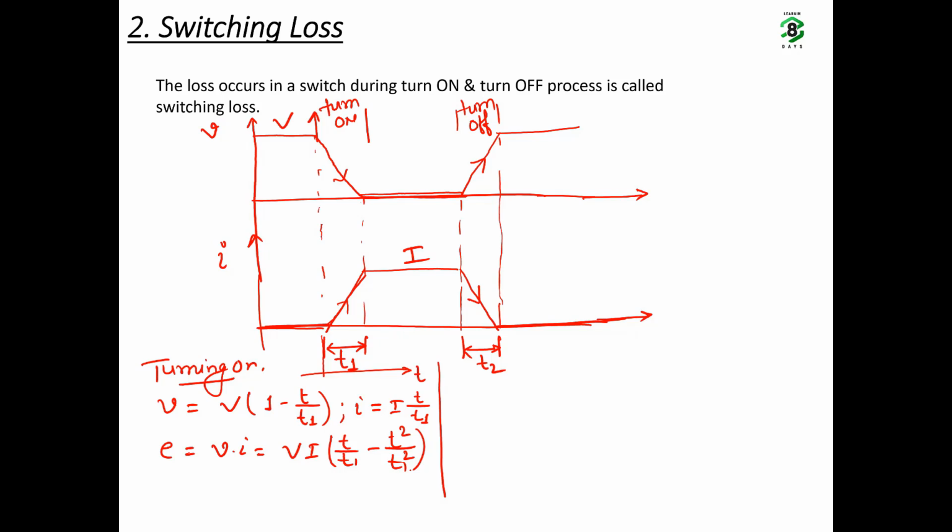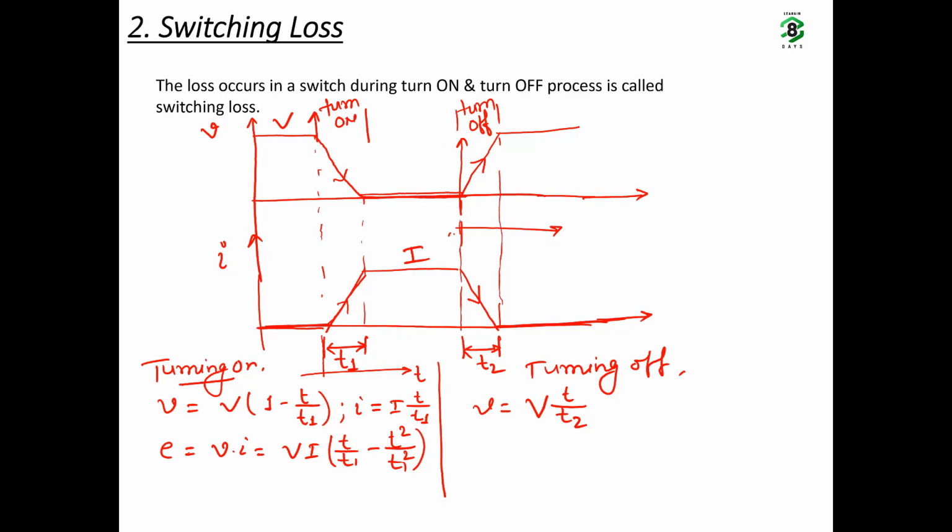Now calculate the power loss in turning off. What is the voltage equation? V can be written as capital V T by T2.